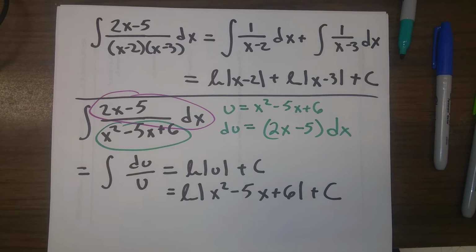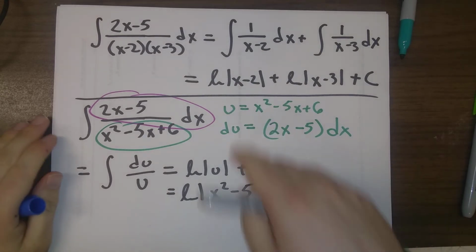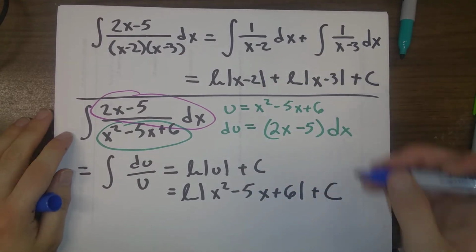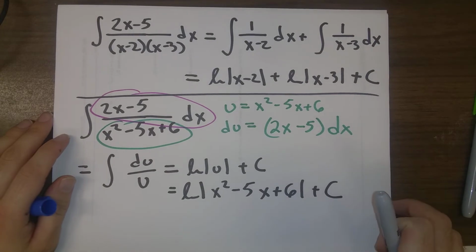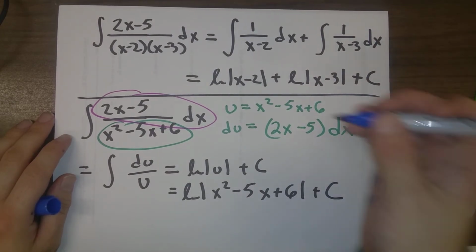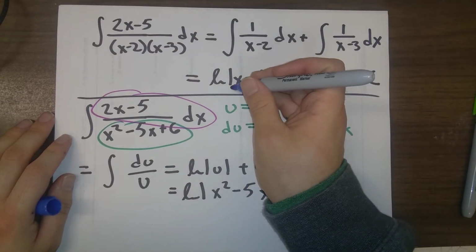Well, as it turns out, these answers are equivalent, and the way to see that they're equivalent is by using log rules. This little video isn't really so much a partial fractions video, but more of a review thing.